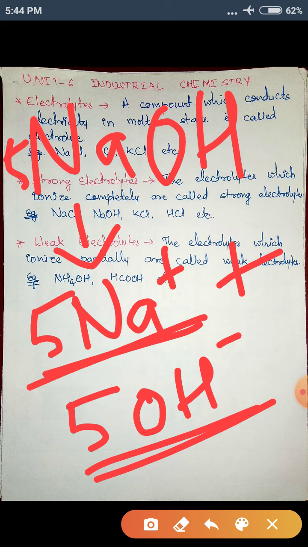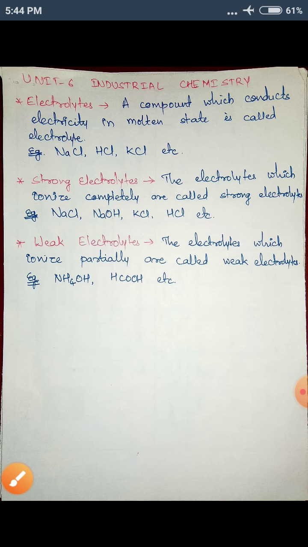Inside a solution, the positive and negative charges are always equal. So a strong electrolyte dissolves, or ionizes, completely. Then we'll see what are weak electrolytes. The electrolytes which ionize partially are called weak electrolytes.